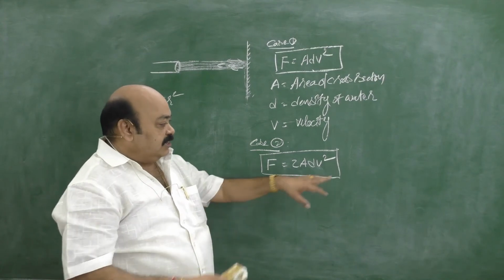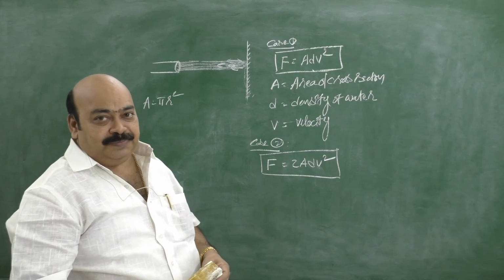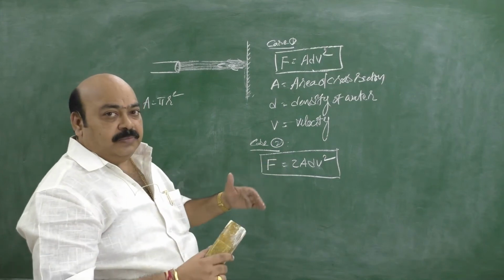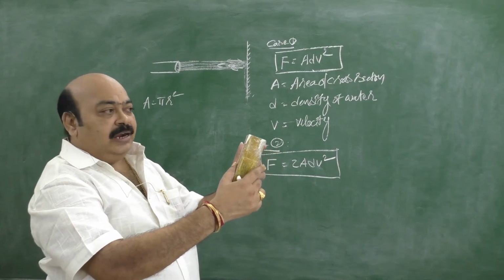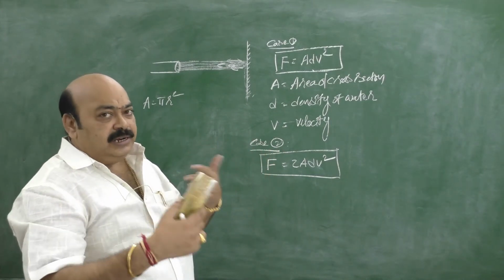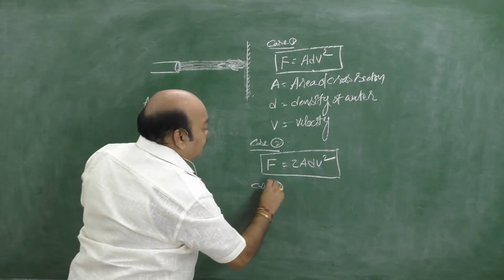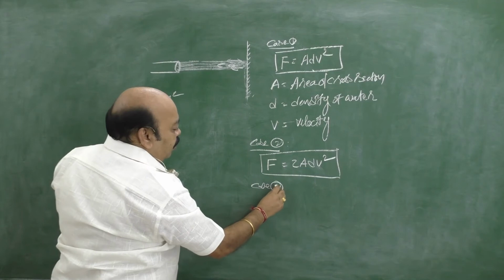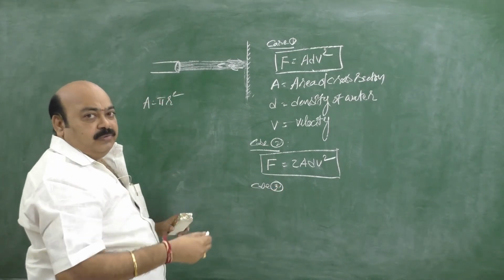Sir, is it necessary that the water rebounds with the same speed? May or may not. It's a case. For example, if water strikes the wall with a velocity 10 meters per second and it rebounds with 5 meters per second, it is one more case. Then we can consider it as case 3. Water strikes the wall with a velocity V1 and rebounds with a velocity V2.